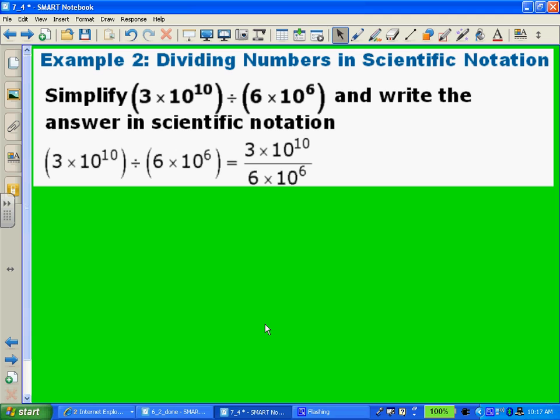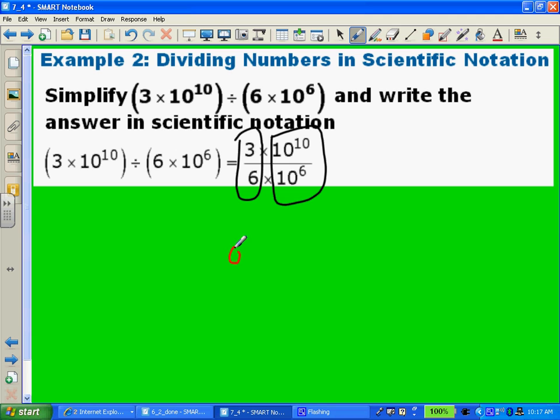Now the next thing we need to talk about is how we divide numbers in scientific notation. We talked in 7-3 about how we multiply them, and dividing them is similar. So if I have 3 times 10 to the 10th divided by 6 times 10 to the 6th, the first thing I want to do is write it in fraction form. Remember, the fraction bar means division. And then I'm going to do the same thing that I just did. I'm going to group the things that are alike.